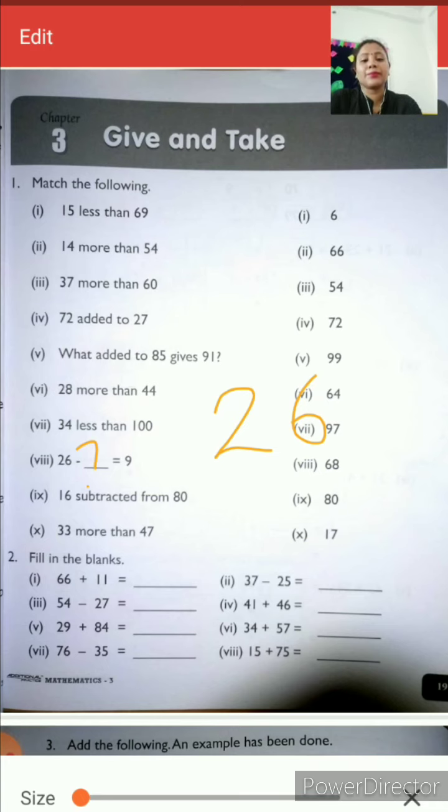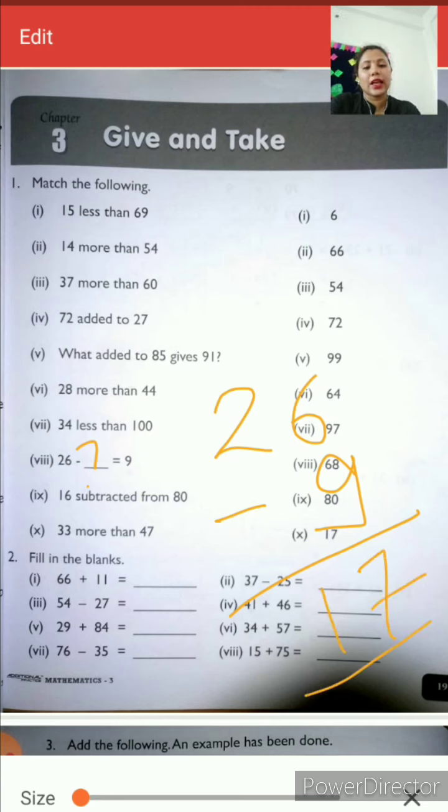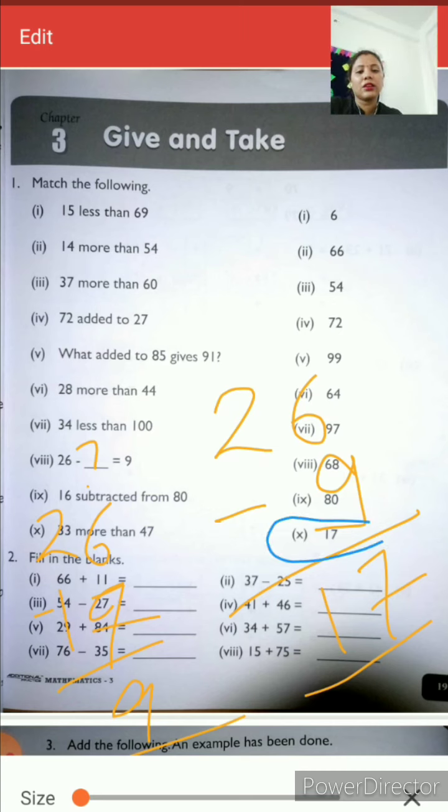So if I subtract 9 from 26, the answer is 17, and check it. 26 minus 17 is equal to 9. So the answer of question number 8 is 17, and where is 17? Here.